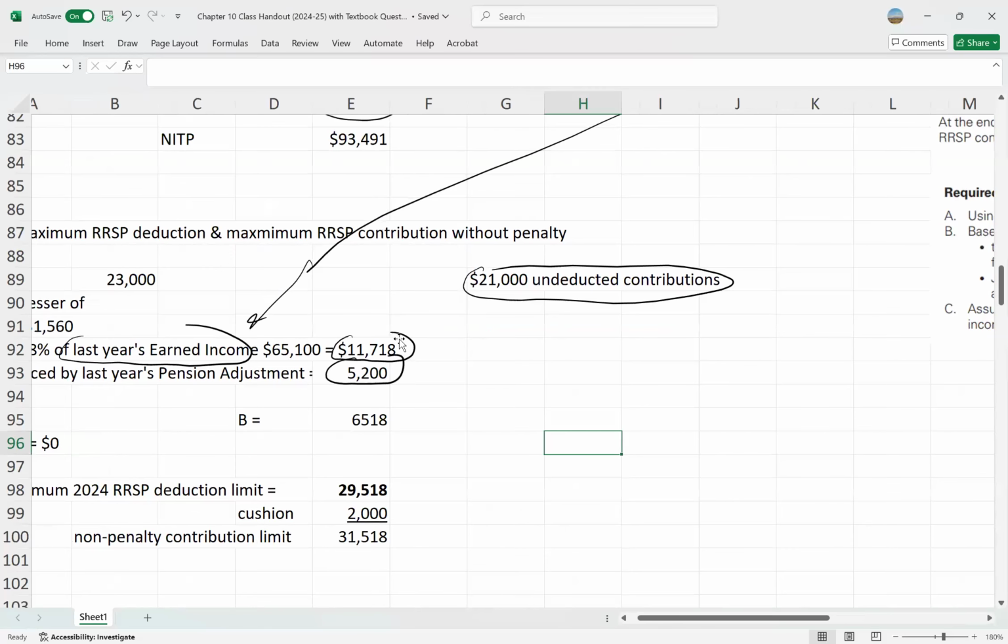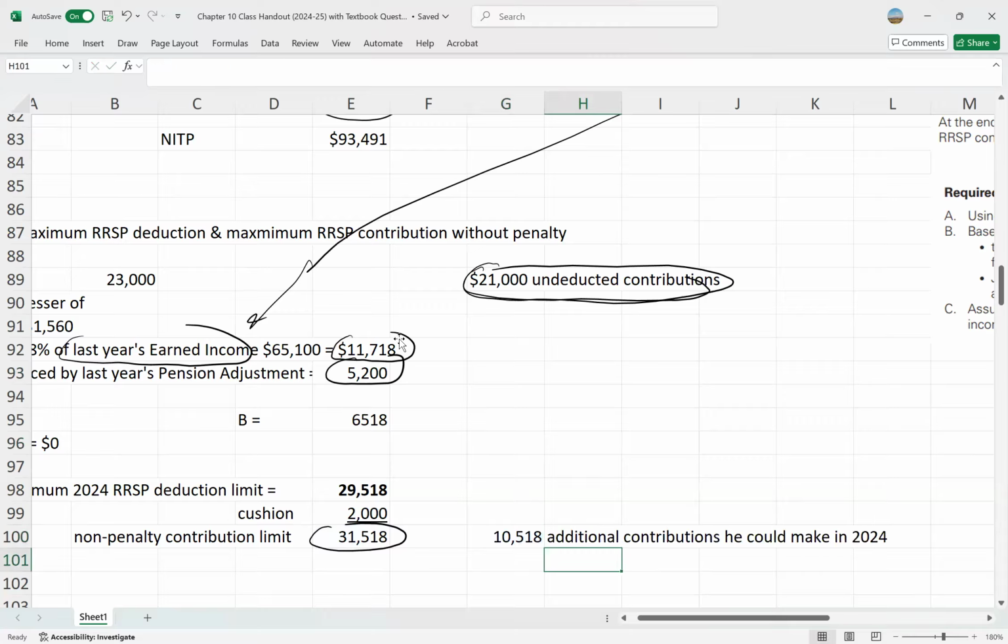So the maximum contributions that he can have at any point in time for 2024 is 31,518. If he has already 21,000 in contributions sitting here, the additional contributions that he can make would just be the difference. So we take the 31,518 minus the 21,000. Well, this would be the additional contributions he could make in 2024 without incurring a penalty.